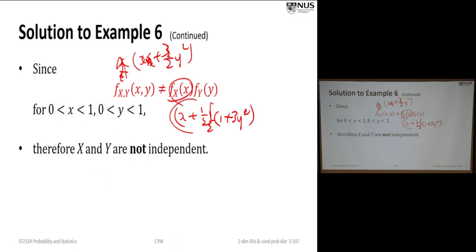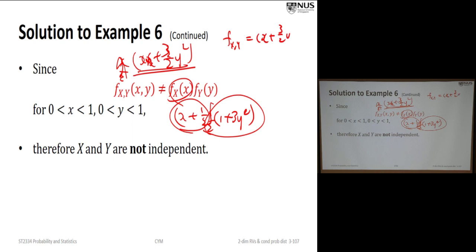So how can the product of x plus half and half times 1 plus 3y squared equal this one? F of xy is equal to x plus 3 over 2y squared, f of x is equal to x plus half, and f of y is equal to half times 1 plus 3y squared. So how can the product of these two equal this one?